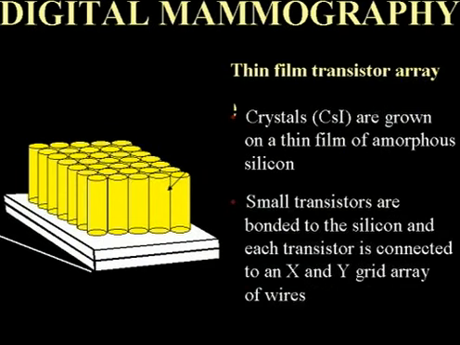The thin film transistor array is the General Electric approach to a detector. Cesium iodide crystals, depicted here, are grown on a thin film of amorphous silicon. On that silicon, thousands upon thousands of tiny transistors are bonded, and each one is individually wired to an XY grid to record its information.